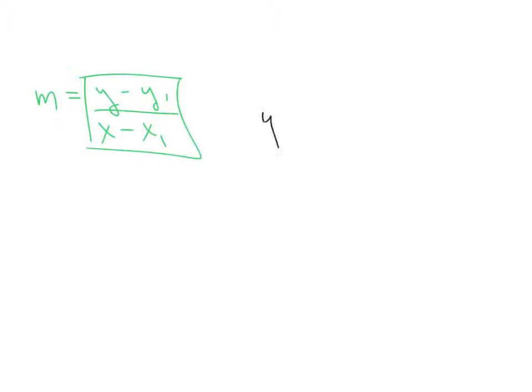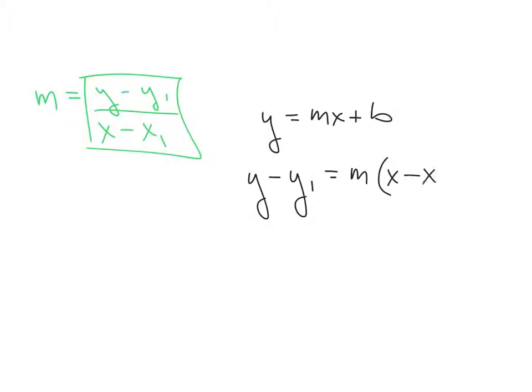So up to this point, I've shown you the slope-intercept form of an equation. We also have a different equation that basically is that equation, only it looks a little bit different, and it looks like this. And that is called the point-slope form of the equation.